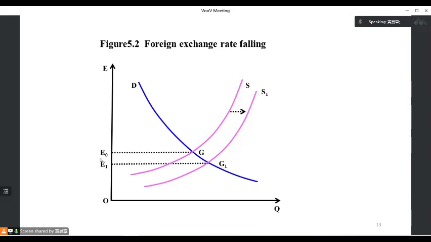The two levels of exchange rate, E0 and E1, mean the exchange rate moves from E0 to E1, which means the domestic currency is appreciating.